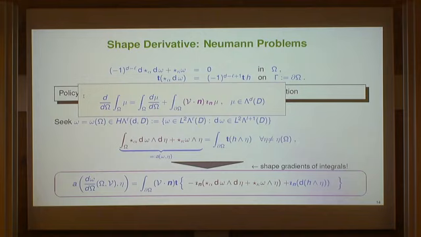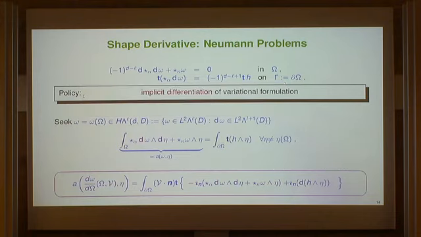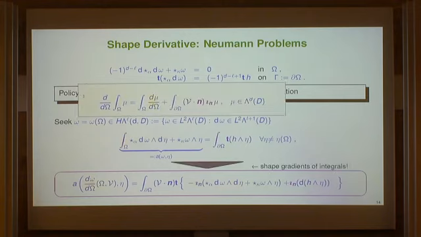The shape derivative of the whole thing is just the expression with omega replaced with the shape derivative. Why? Well, the test function does not depend on shape.